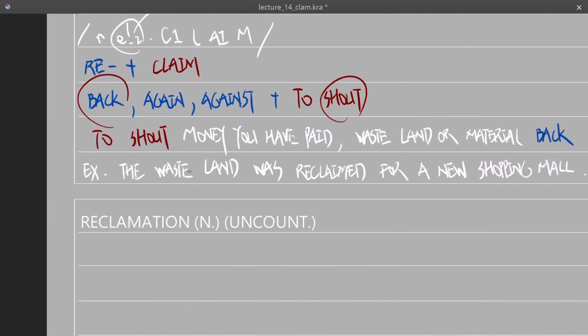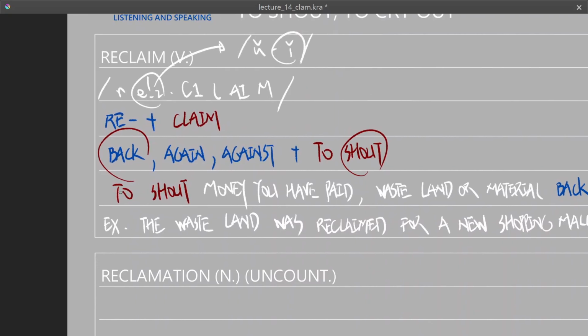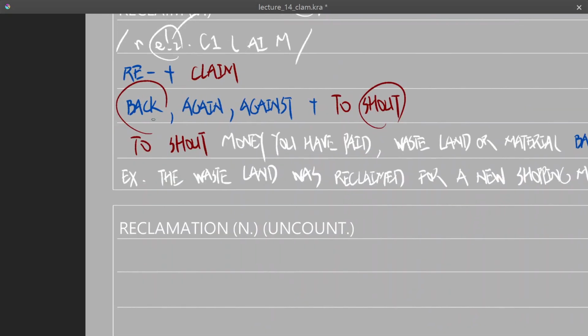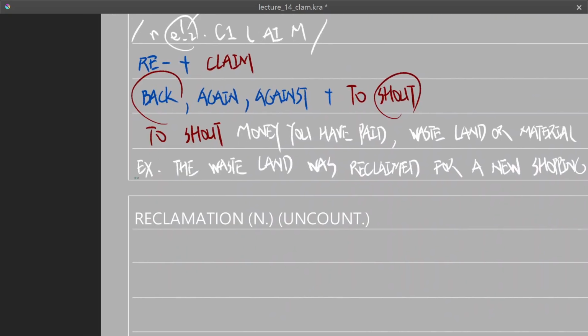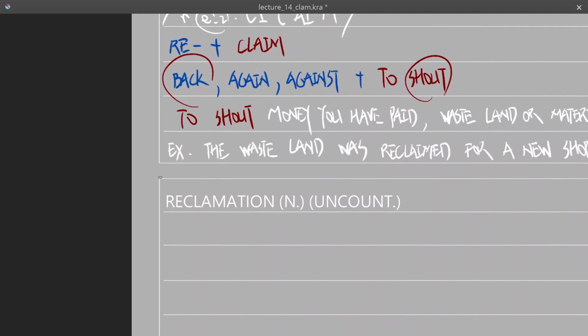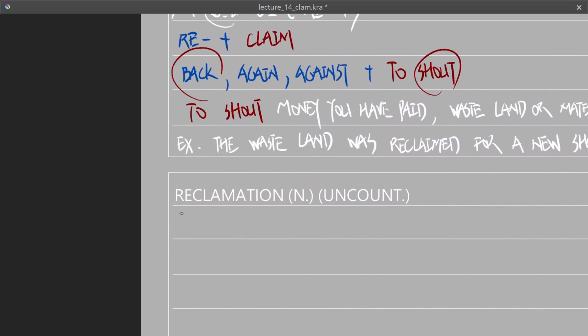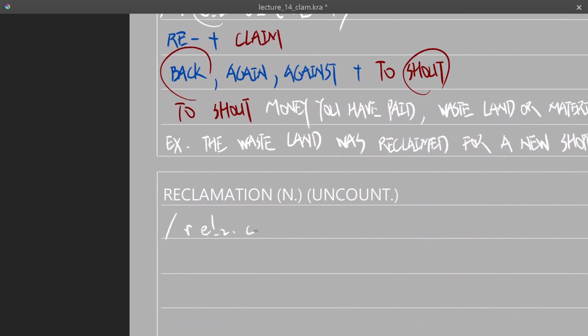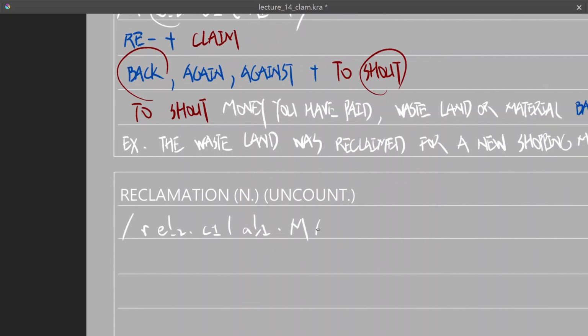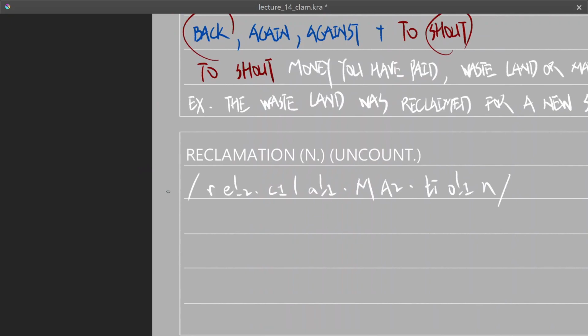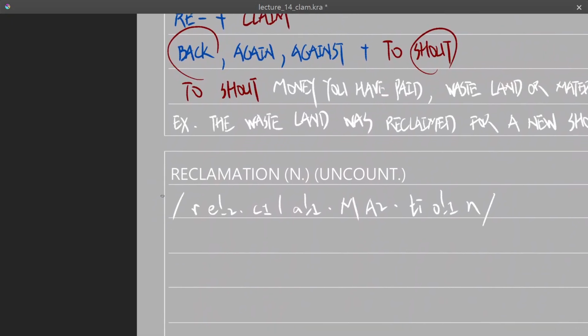Right. Next we have the noun form of reclaim. That is reclamation. Right. Now again we have a prefix.